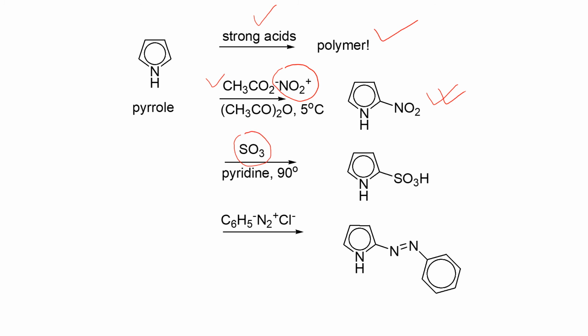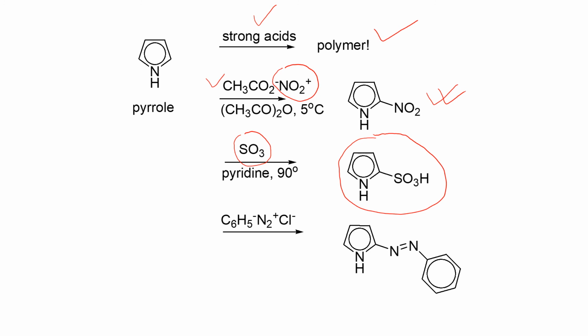Sulfur trioxide, after conversion, will convert to a sulfonyl group, and as an electrophile, the sulfonyl group attacks the position 2 of pyrrole, and the 2 substituted product will be produced. So if we want to do sulfonation, we cannot use strong sulfuric acid, we can use sulfur trioxide for the electrophilic substitution reaction, that is for sulfonation.